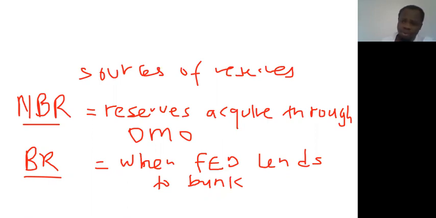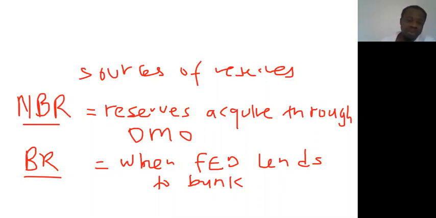So with non-borrowed reserves, we are looking at the situation whereby the central bank or the Fed decides to use open market operation, OMO, activities, to increase or decrease the reserves that we have in our monetary base. Okay. So for instance, if the central bank decides to purchase bonds using the OMO, what is that? It increases our reserves. So the reserve is increasing through non-borrowed reserves, that is through the activities of OMO.